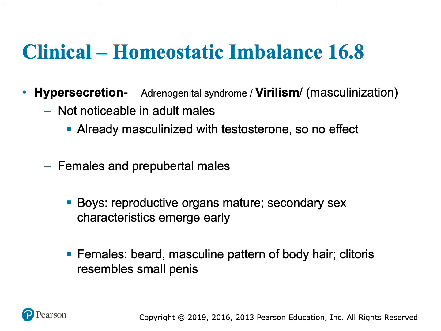Also, at the end of A&P 2, we're going to mention this again. During embryonic development, we have structures early on, weeks after conception, that are homologous. So there's an area of tissue that for a male is going to become a penis, and for a female is going to become a clitoris.